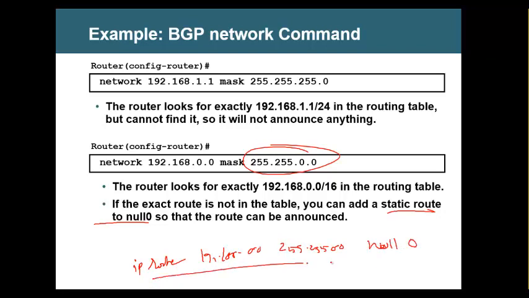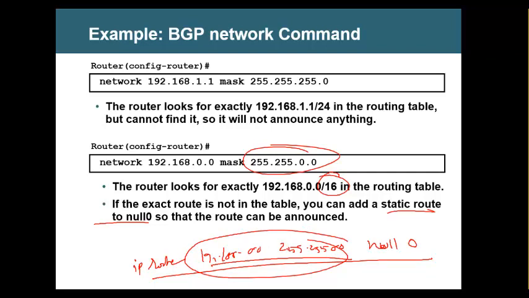This is the static route we have written. In general, 192.168 is /24. Because you wrote the static route like this, it is /16 in the routing table. Because there is a route match in the routing table, now I can advertise this. BGP will advertise /16 for 192.